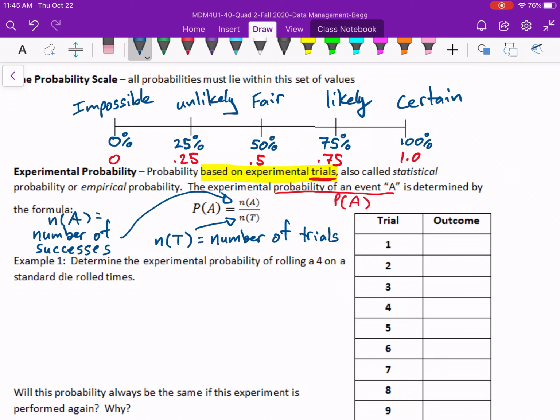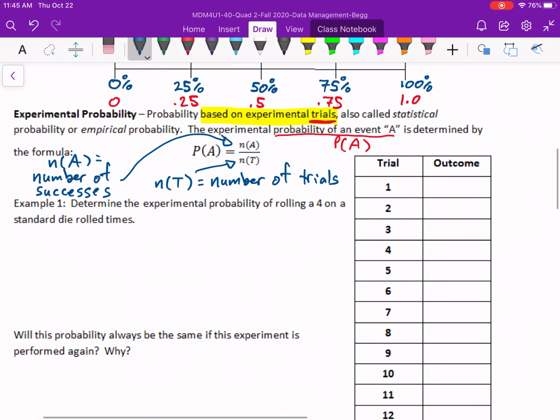Now, obviously, no one would consider that a success in the common sense of the word, but I'm just trying to point out that when we use number of successes for experimental probability, we simply mean the number of times that what we're measuring turns up, to take away that subjective spin on it.